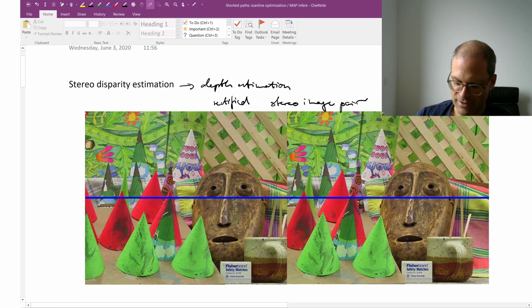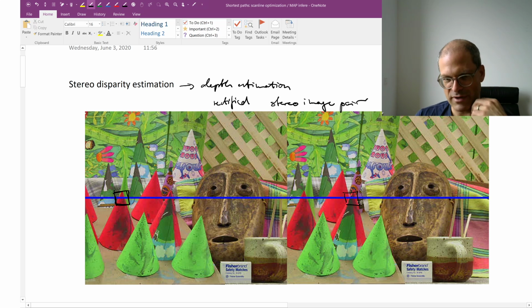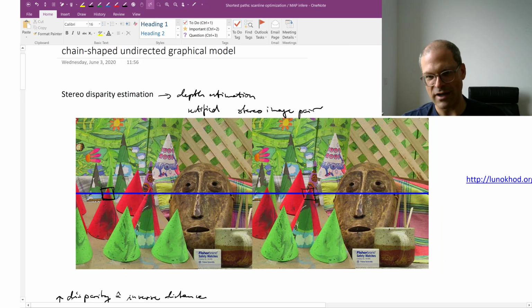After rectification, I know that if I take an image patch in one image and I want to know where to find it in the other image, then I only need to scan along this epipolar line. I know after rectification that I don't need to look in arbitrary places, but I only need to look left or right of the original patch.